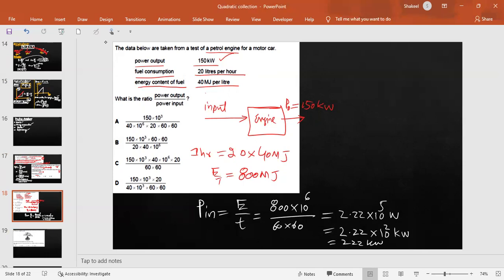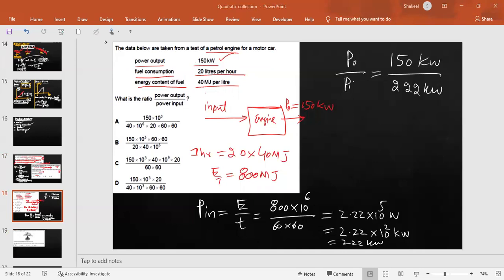So it means that you have to find output over input power. Output is 150 kilowatt, and input is 222 kilowatt.